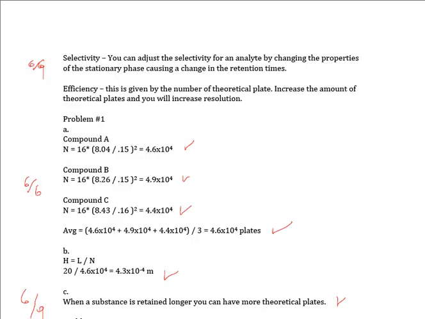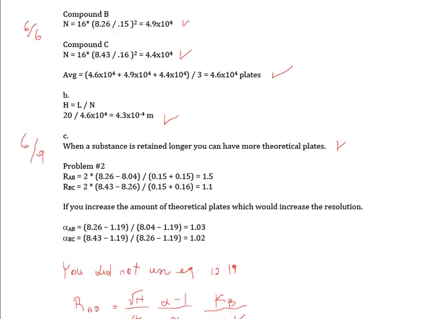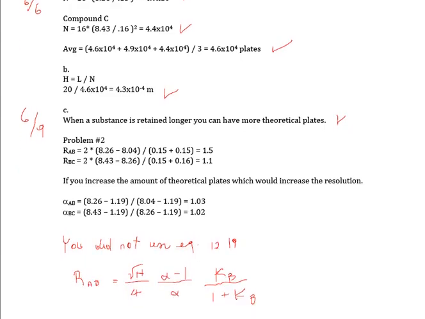So then moving on to the next set of problems, number one was correctly done. And then for number two, I should say that the retention times are correctly calculated. But as far as the resolution, the resolution for AB and BC in the first attempt is correct, but you did not use equation 12.19.